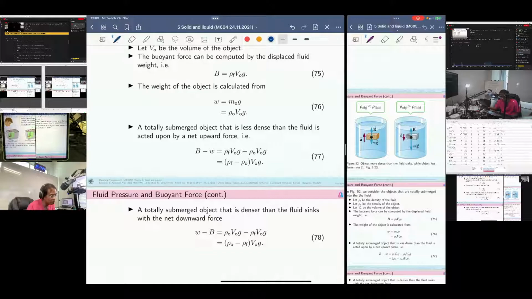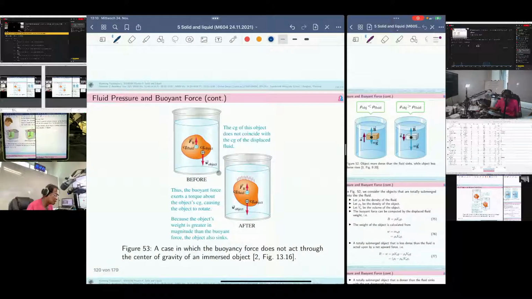Now let's take a look at the case when the object doesn't have its center of gravity at the center of that material or that object. Okay, for example, we have a non-uniform material when this region is more dense than other parts of this material.